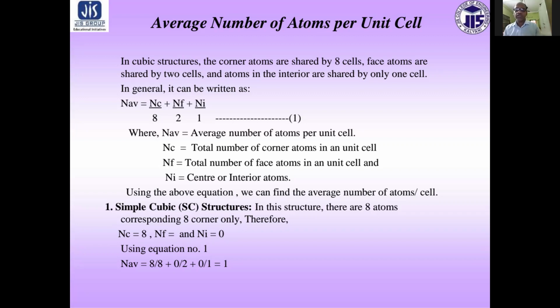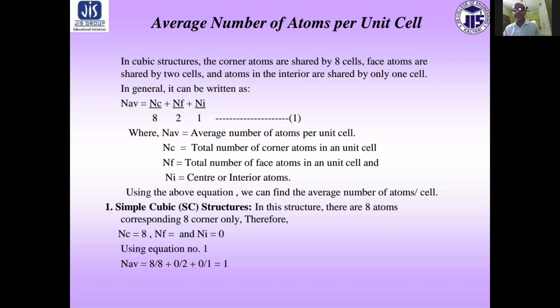Therefore NC equals 8, and there is no face atom and interior atom, so those are 0. Using equation 1, we find that the average number of atoms in a simple cubic structure is 1.